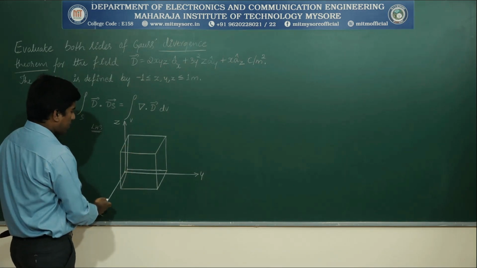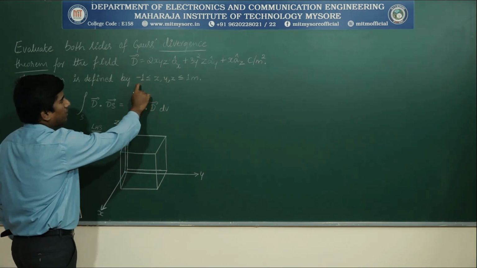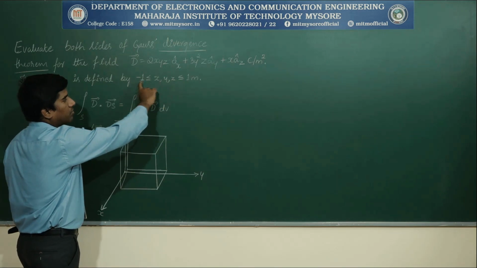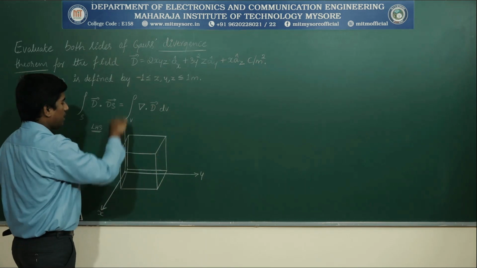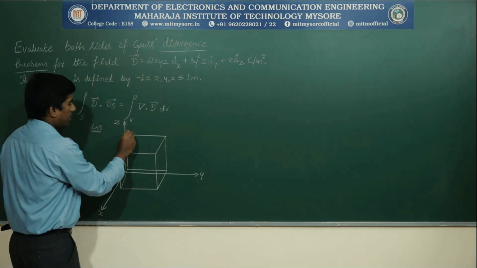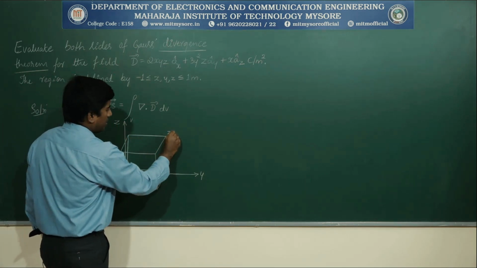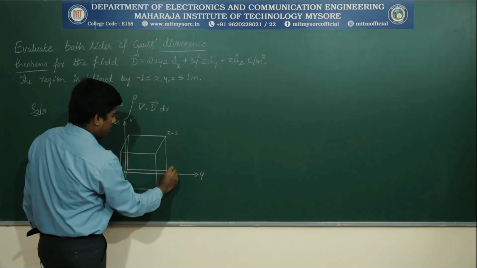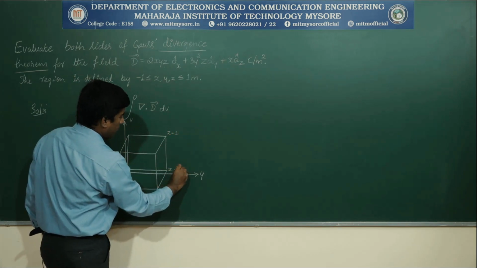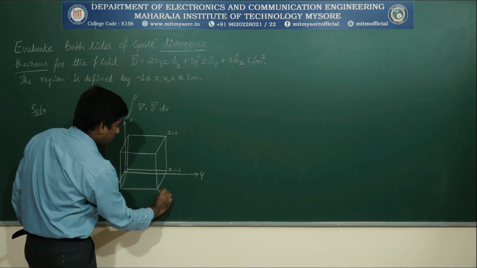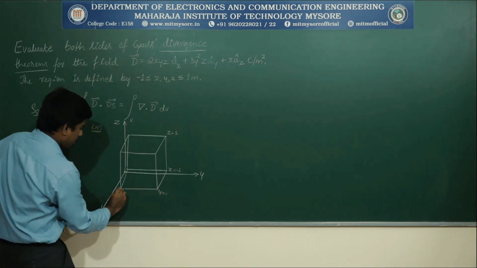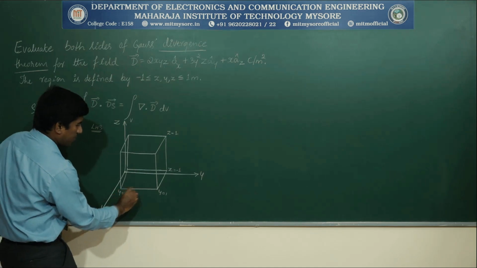So along the x axis the length is -1 to 1, along the y axis -1 to +1, along the z axis -1 to +1. Here z is equal to 1, here z is equal to -1, here y is equal to 1, here y is equal to -1.